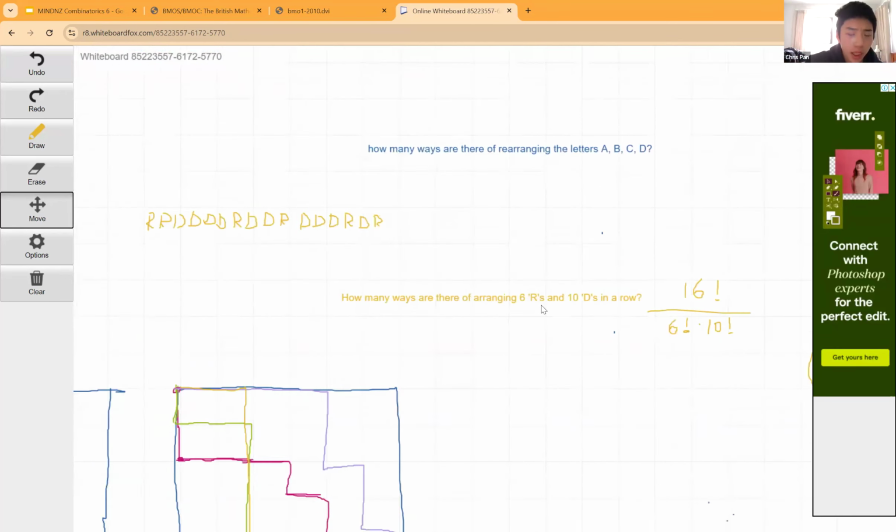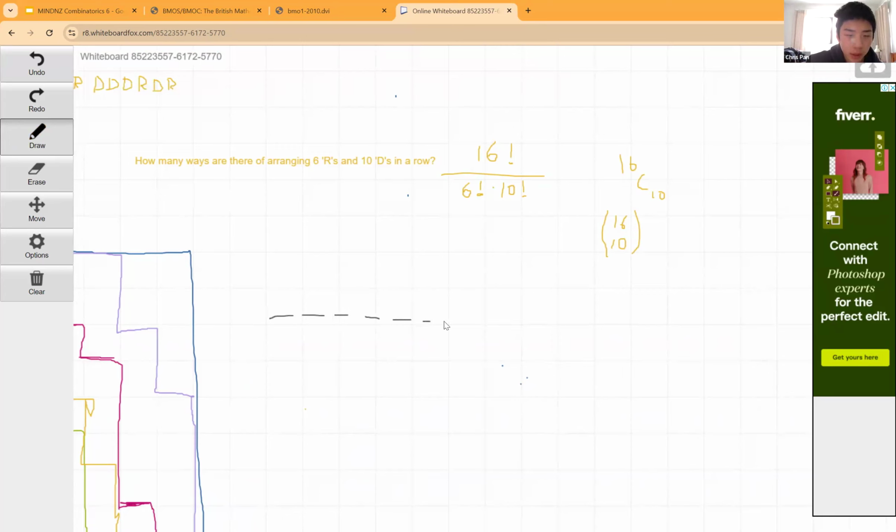And the reason these two are equivalent is another way of thinking about how many ways there are of arranging 6 Rs and 10 Ds. Start by having 16 blank squares, 1, 2, 3, up to 16 blank spots.